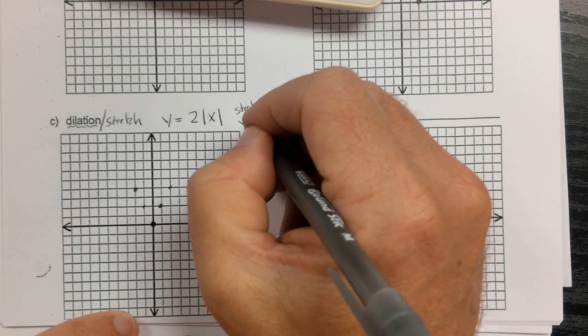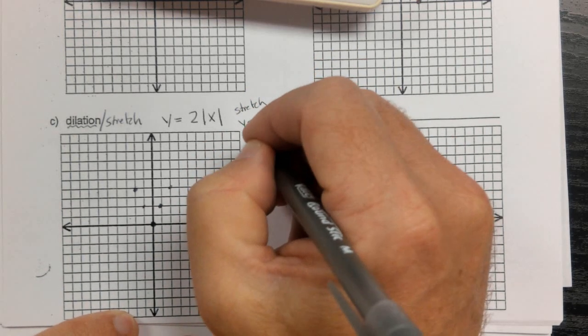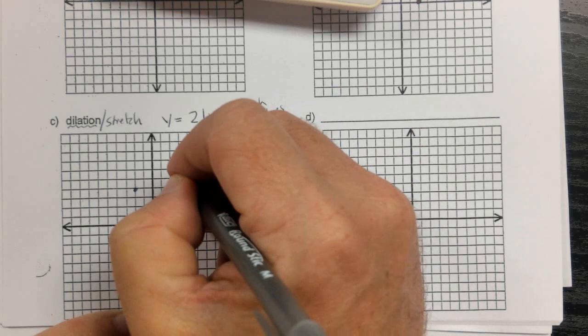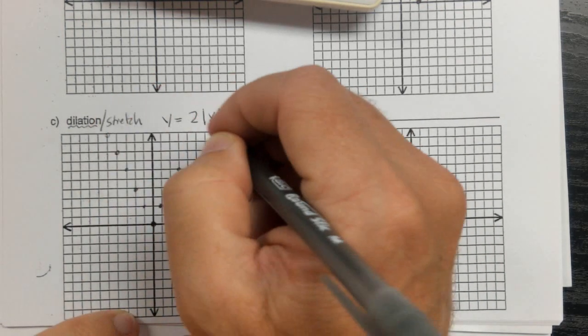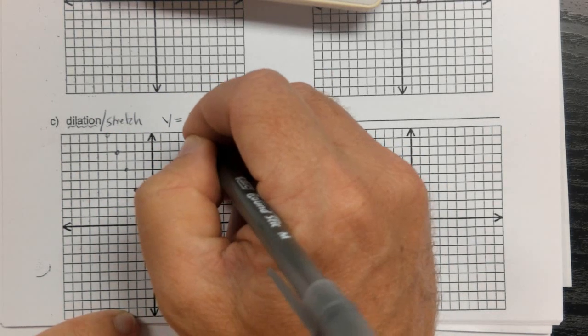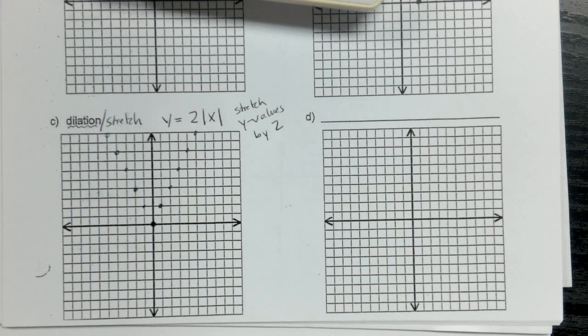So we'll stretch our y values by 2. Again, it's sort of like slope for absolute value. For the others, they're not lines, so it's not slope, but it does that same thing of stretching out the y values.